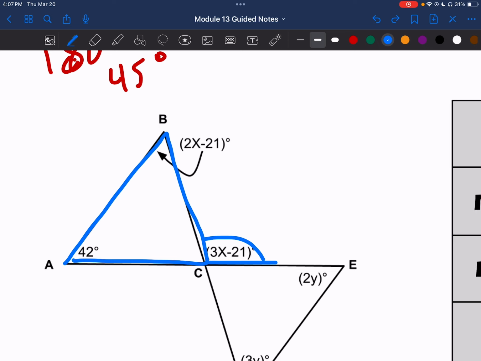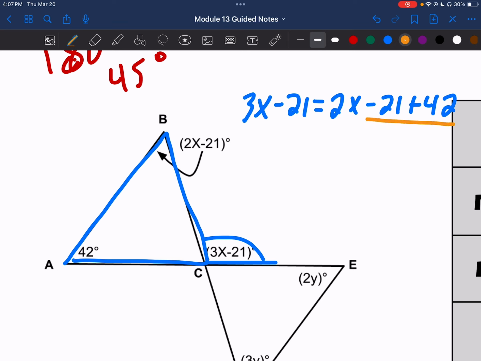So I can use that, and I can say 3x minus 21 is equal to 2x minus 21 plus 42. Now, I combine like terms on the right-hand side. I get 3x minus 21 is equal to 2x plus 21.